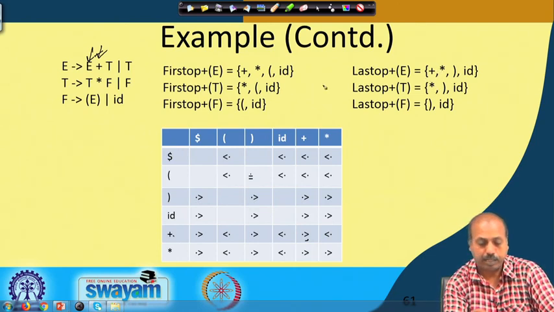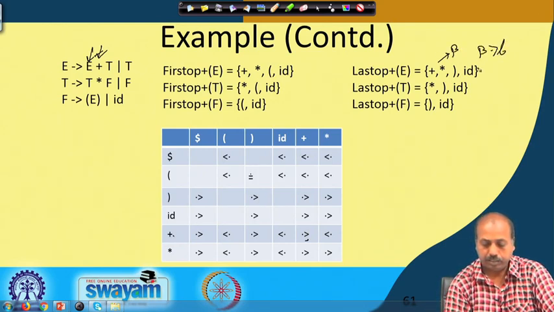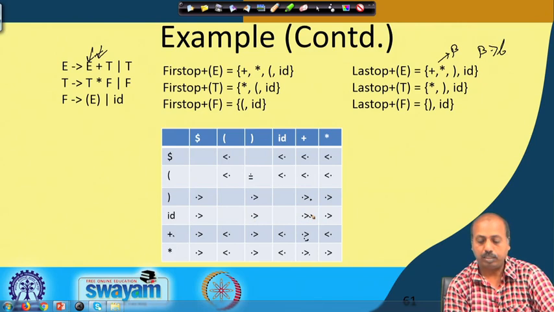So, star is of higher precedence than plus, because this is actually the set from where I am taking beta, and my rule is beta should be greater than B. So, beta is greater than plus here, similarly star is greater than plus here, then we have got close parenthesis. So, close parenthesis is higher than plus, and ID is also greater than plus. So, all the greater thans I have taken care of.